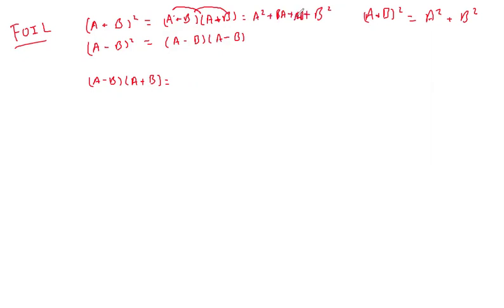Now, we know that ba equals ab, so really what I've got here is ab plus ab, or 2ab.